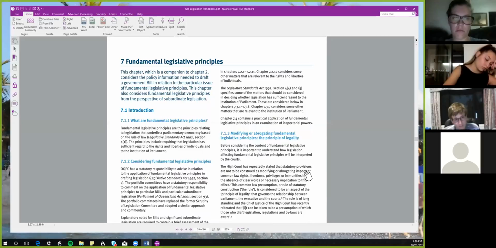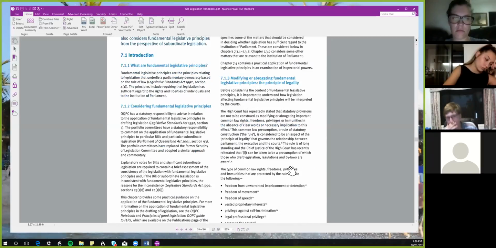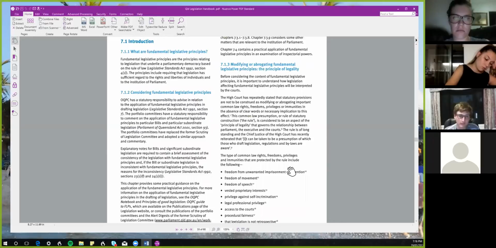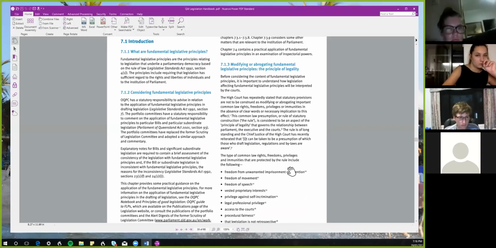And it's got a really good commentary here in terms of the way in which the High Court interprets statutory provisions in such a way as not to modify or abrogate important common law rights, freedoms, privileges, or immunities in the absence of clear words or necessary implication. It then goes on to identify with a list the type of common law rights, freedoms, privileges and immunities that are protected by the rule, including, for example, freedom of movement, freedom of speech.